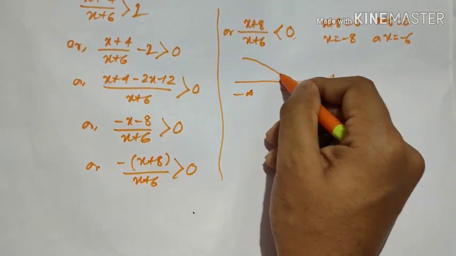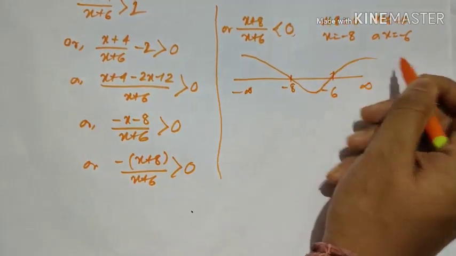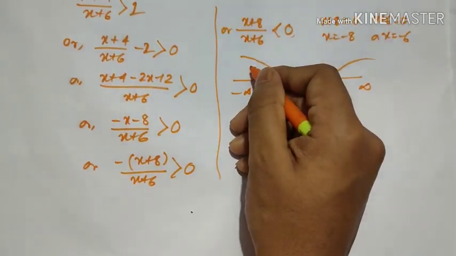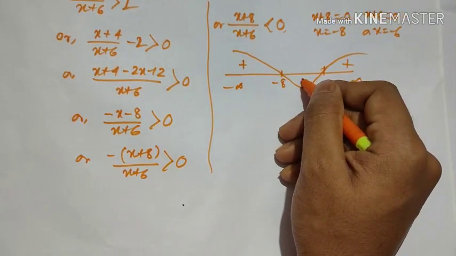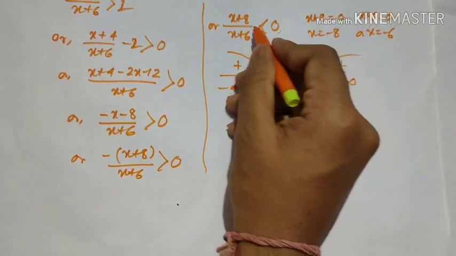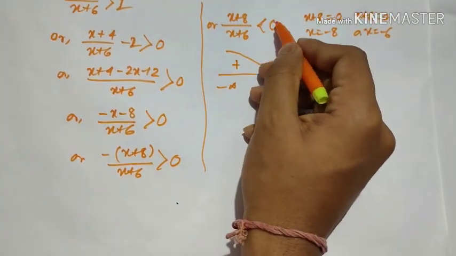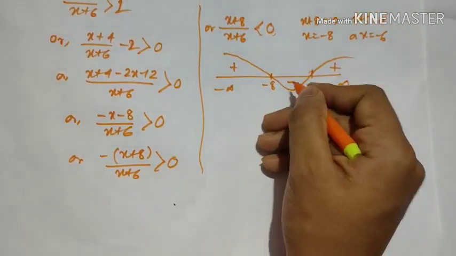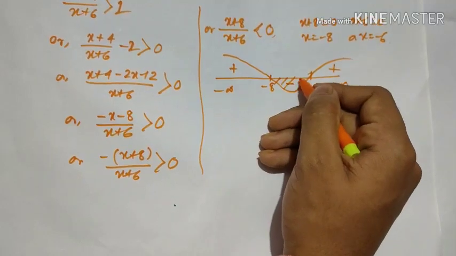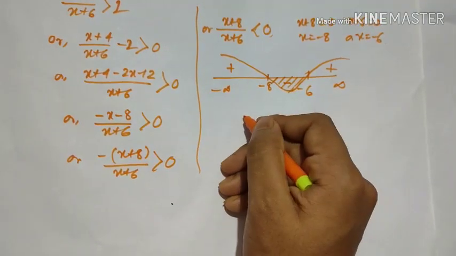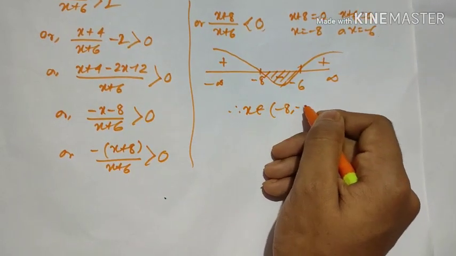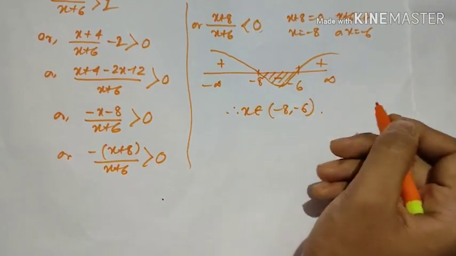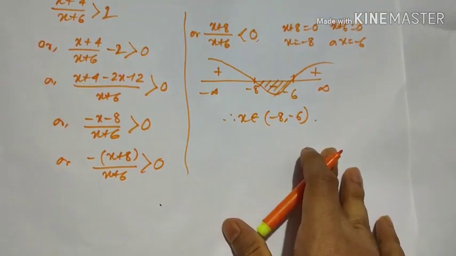We have to draw these types of curve in every problem, and in the upper part we will always get positive, and in the lower part it is always negative. Now you can see the function is negative, that is, this region is included. Therefore x belongs to (-8, -6). This is the required solution.